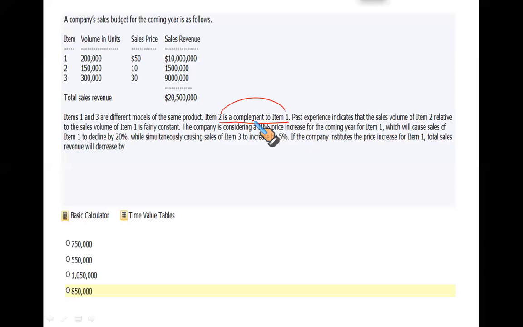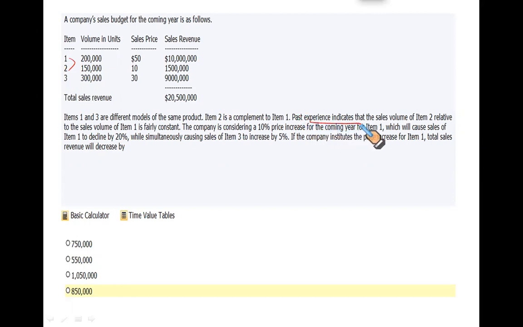So the items that have joint demand are called complements. So item 1 and 2, if you buy item 1, you will buy item 2, right? So they are linked. So 1 and 3, they are either 1 or 3. And 1 and 2, they are complements, meaning if you buy 1, you buy 2. If you buy 2, you buy 1, right? So this is how the items are linked to one another.